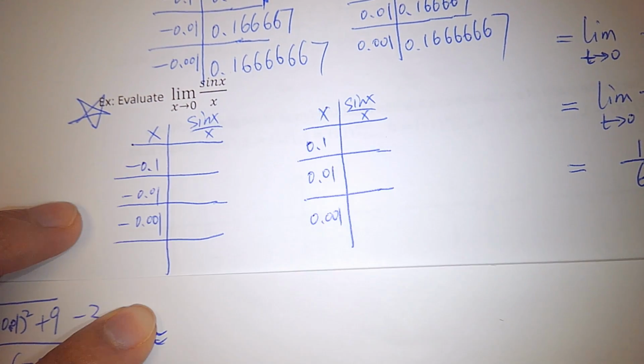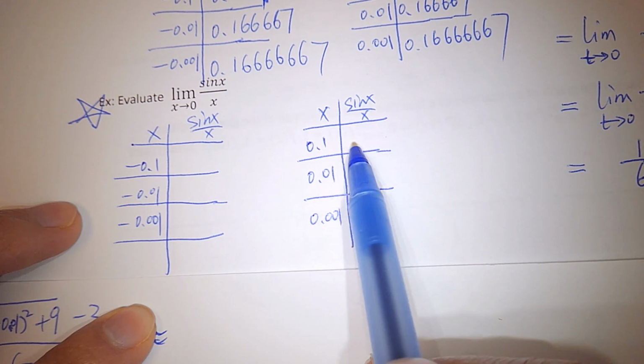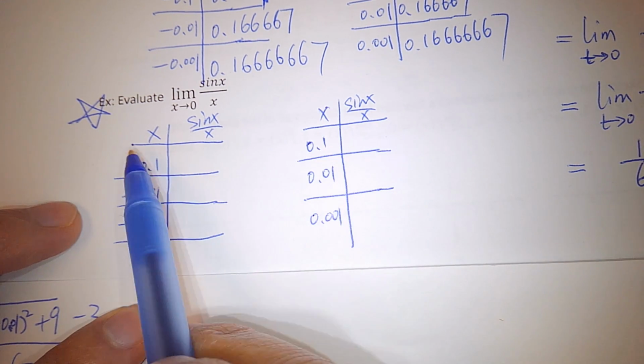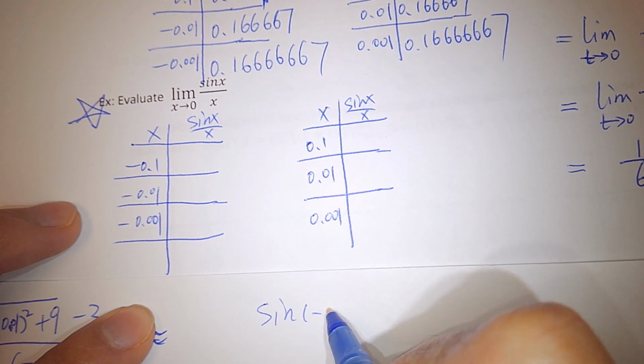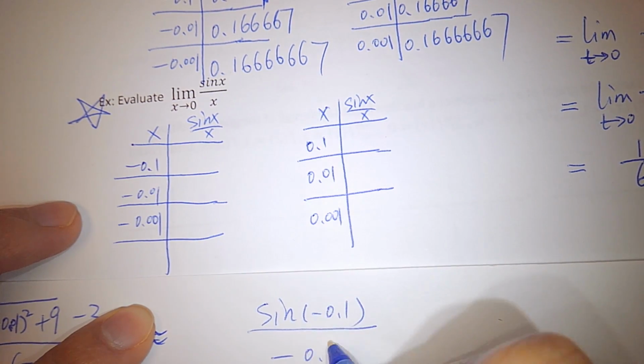The sin function is odd, and x is also odd, so the result should be the same. So you can try sin of negative 0.1 divided by negative 0.1.